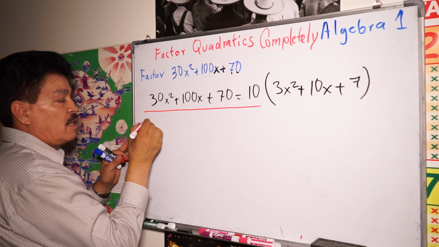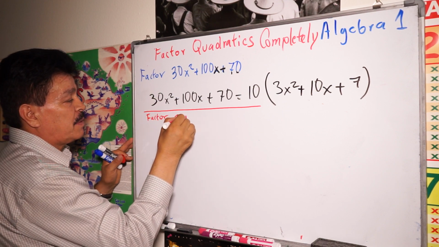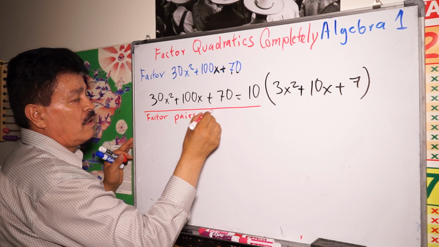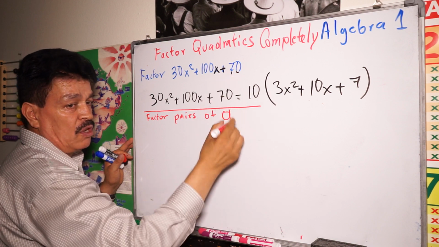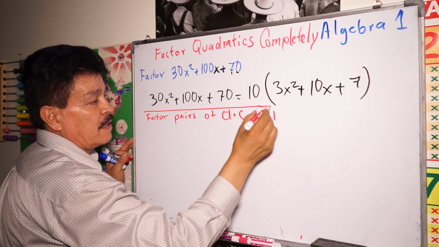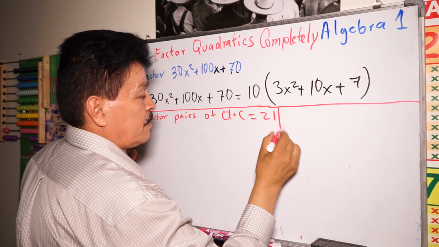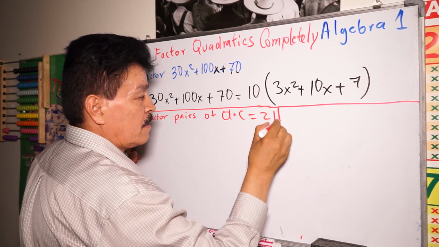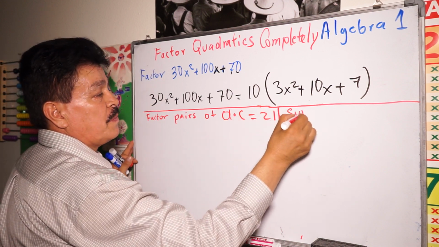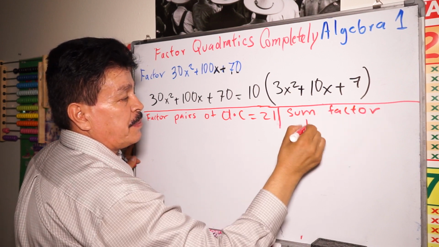To find the factors, remember a times c equals 21, and then the next column is the sum, with the factor pairs.